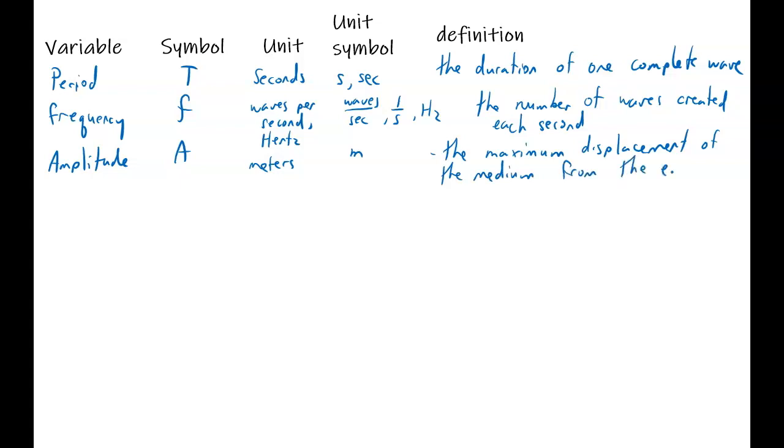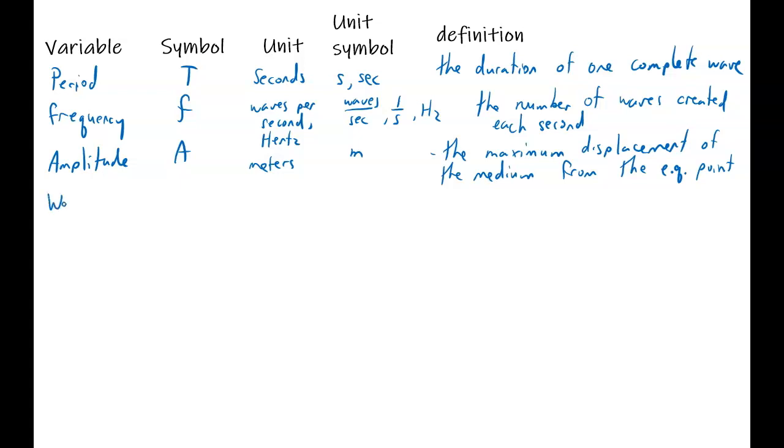I'm just going to spell equilibrium point EQ point. It makes sense to measure it from there because that's where it was at rest if the wave didn't come along. But that also kind of reminds us that we need to measure it from that center line. It's not from a crest to a trough, it's from the crest to the center line. And that is also determined by how you make the waves.